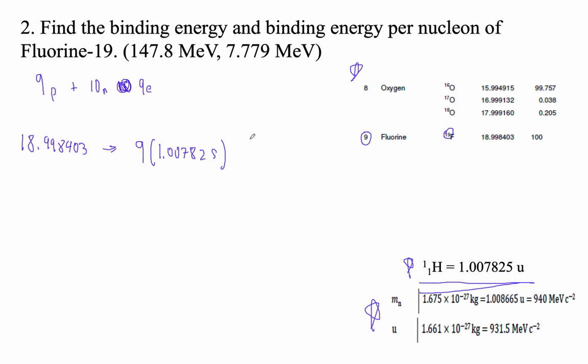And then plus 10 neutrons, so 10 of these guys, 1.008665. So let's figure out the left side there. 9 times 1.007825 plus 10 times 1.008665. I would memorize these, but it's not required.